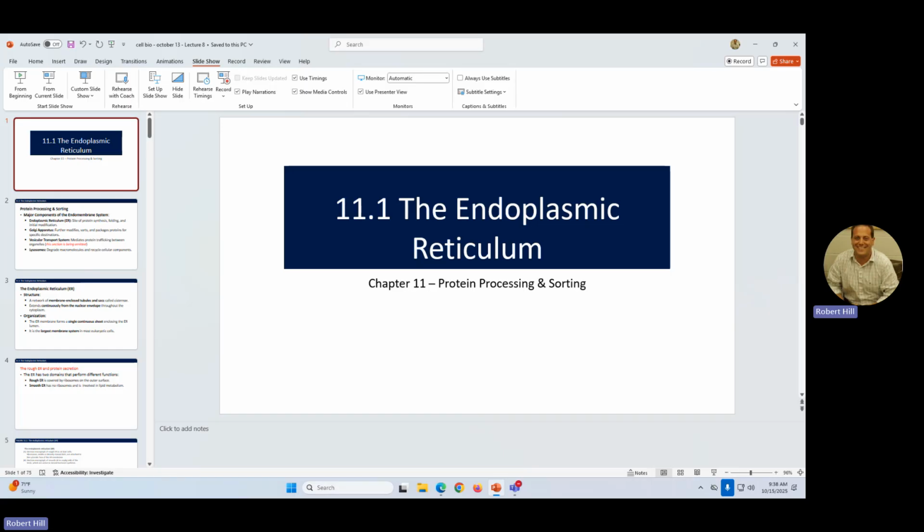So as we're working through each of these organelles, one thing that is really essential is recognizing what's called the endomembrane system, right? So that's where proteins are formed on ribosomes. They go to the endoplasmic reticulum, and then they have to get processed and travel to wherever their final destination is.